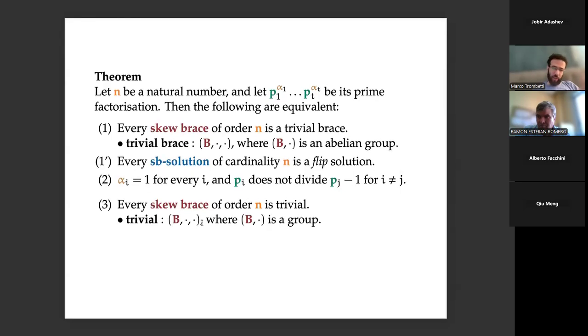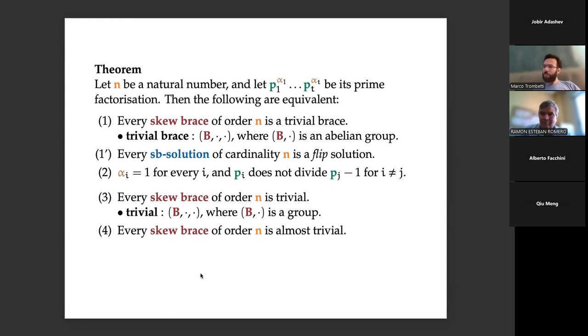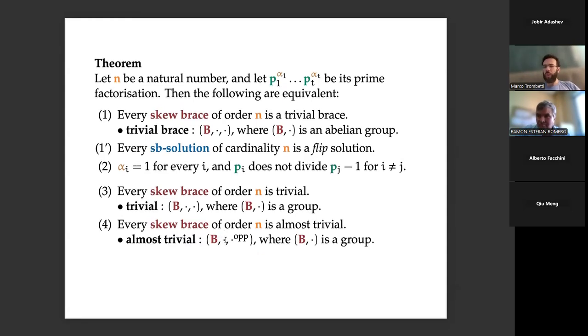And trivial, of course, is just the definition of trivial, as I told you. And what about almost trivial? I didn't explain the meaning of almost trivial, but I will now. Even almost trivial is equivalent, where almost trivial means that you have a skew brace whose two operations are one the opposite of the other.